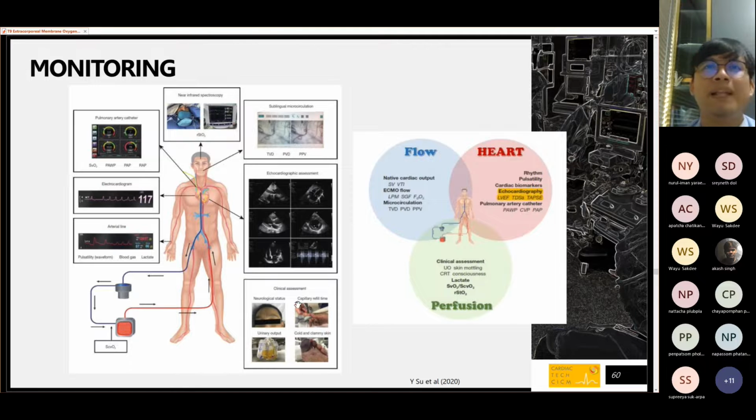And another thing, capillary refill time. It is similar to the sublingual microcirculation flow, because this one represents the vital organ or internal organ perfusion. This is going to make sure that all the organ flow or perfusion is supported by Ecmo.